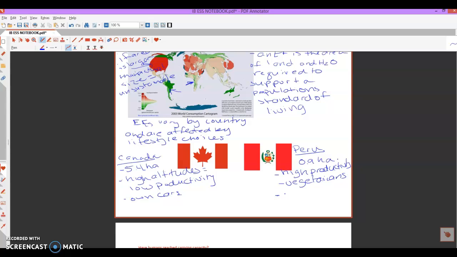There is very low car ownership. Canada is also a wealthy population. And Peru is going to be a poor population.